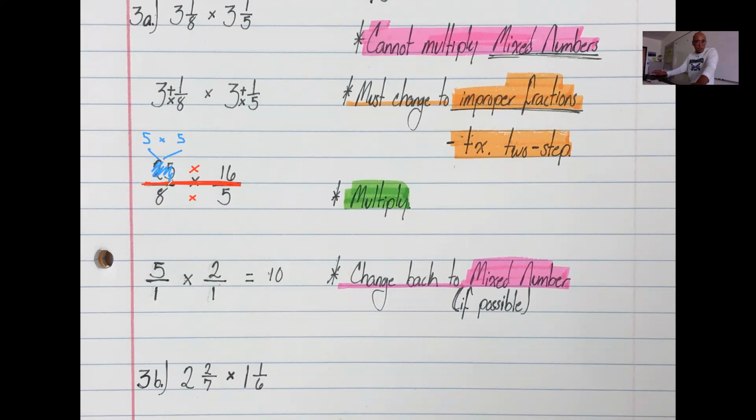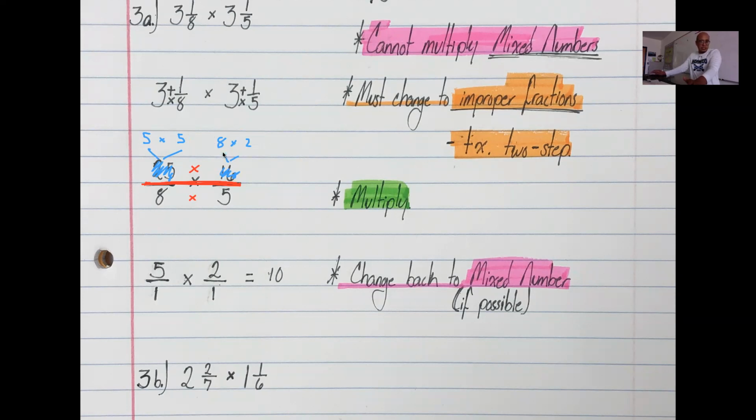So really, I'm not getting rid of the 25. I'm just separating it into its factors, right? The 25 is still there in the form of 5 times 5. And the 16 can be expressed as 8 times 2. So again, the 16 is still there, but I just broke it down into its factors, 8 times 2.